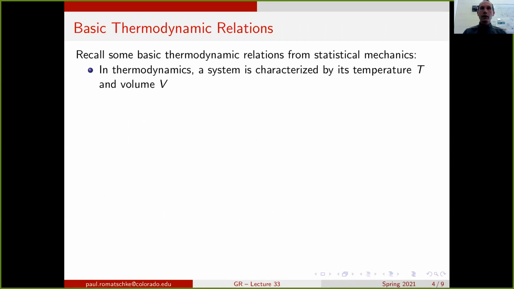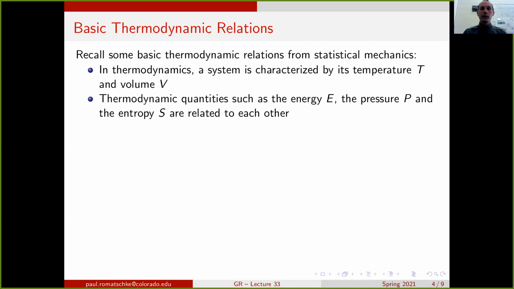So just recalling a few basic thermodynamic relations from your statistical mechanics course might be useful. Recall that in thermodynamics, this is a classical description of your system at a finite temperature T in a volume V. There are quantities such as the energy, the pressure P, and the entropy S, that are related by thermodynamic relations.